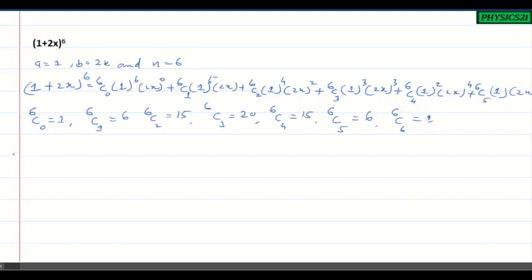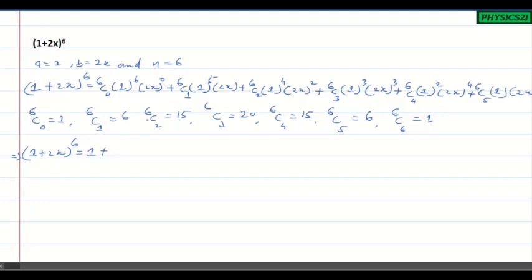So we get (1 + 2x)^6 is equal to, this is 1. Any power we raise on 1 will be 1, and the value of 6C0 is also 1. And (2x)^0 is also 1, so the first term will be 1.